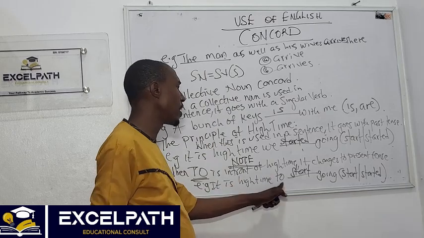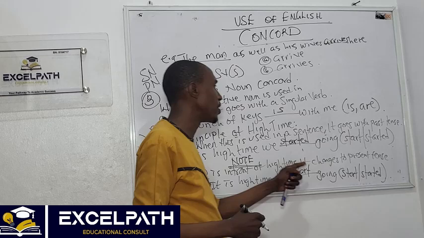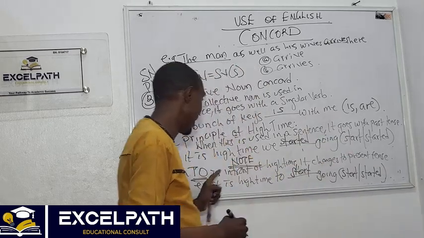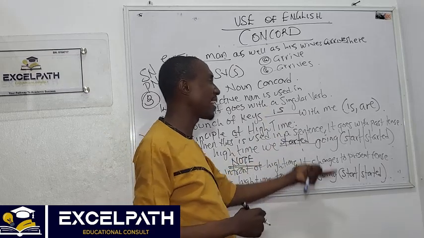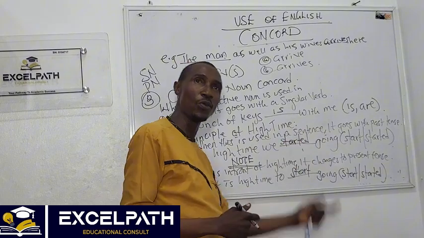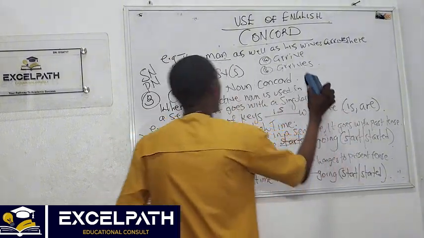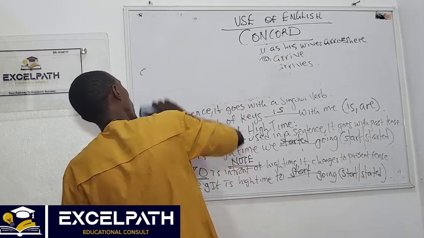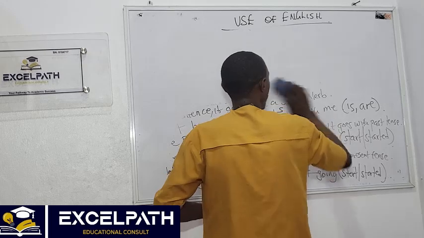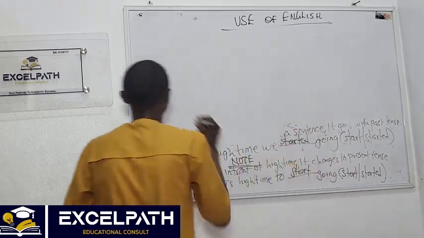But if to is not in front of high time, you will use what? Past tense. It is high time we started going, but it is high time to start going. So these and many of these are the principles that you need to know. They are principles, and you just have to follow the principle.